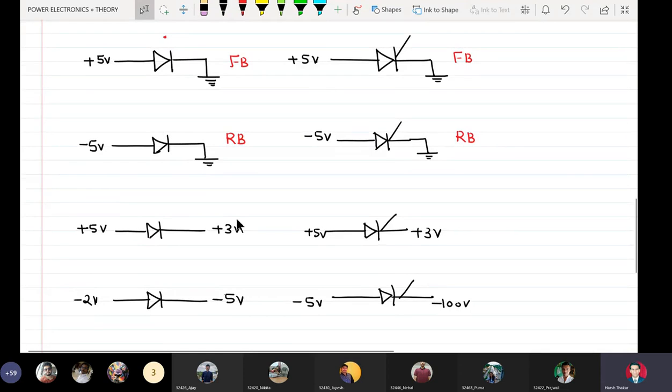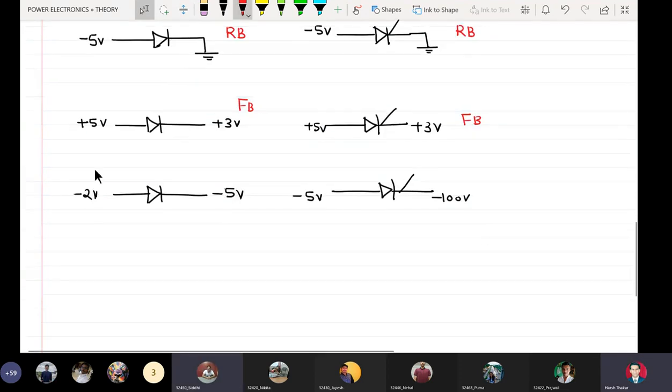Third diode, FB. Third SCR, FB. Very good. Fourth diode, RB. Very good. Wonderful. What about this SCR?